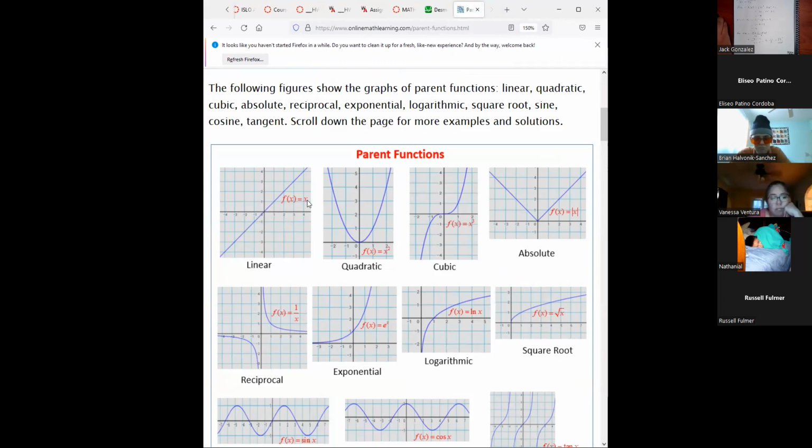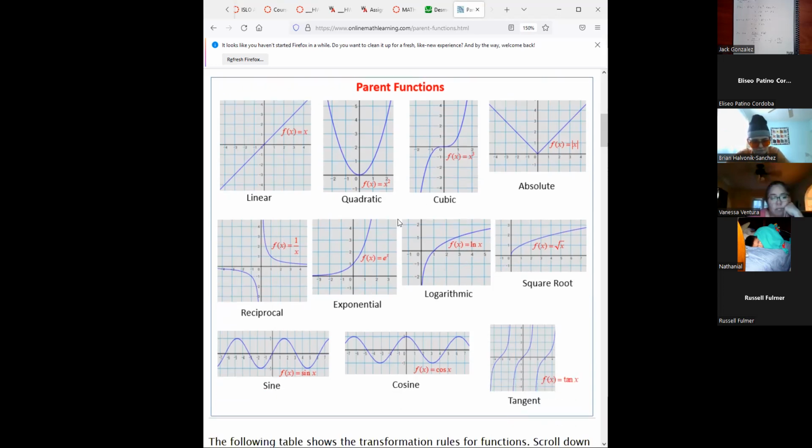The parent, meaning the original x, is going to be this linear line that goes through the middle. The quadratic is just the x squared, the basic parabola, cubic has this shape, and so on. So if you add +2 or if you have a 2x squared, those are all just transformations of the parents. They're just shifting, stretching, moving, shrinking these basic functions.